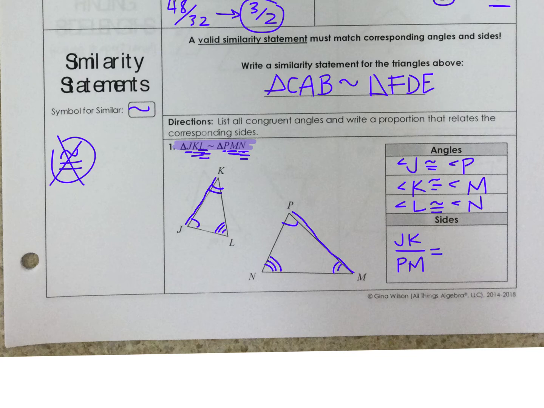So that proportion is going to be equal to KL over MN, and that proportion is going to also be equal to LJ over NP. All right, flip over to the next page when you finish writing those notes.